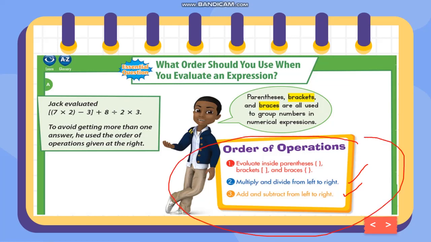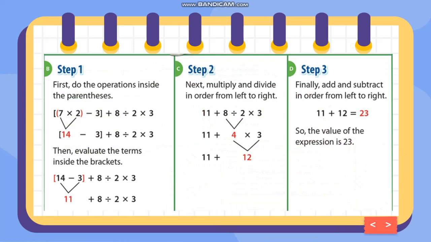The first step is to evaluate what is inside the parentheses, brackets, and braces. So let's evaluate that one. This is one group. From that group, we have the parentheses and we have subtraction. Of course, we need to evaluate first what is inside the parentheses. So 7 multiplied by 2 is 14. Then we have minus 3.